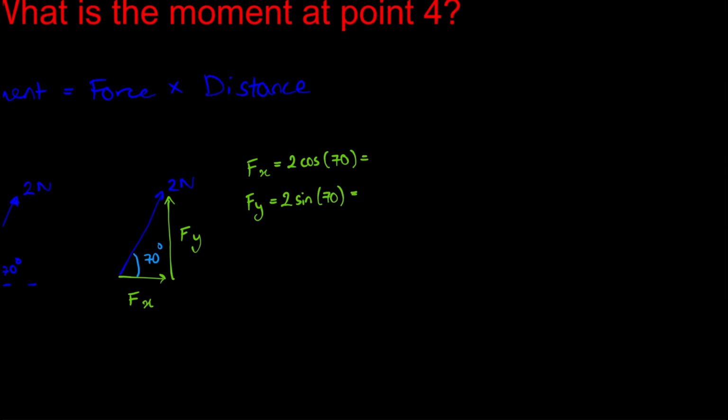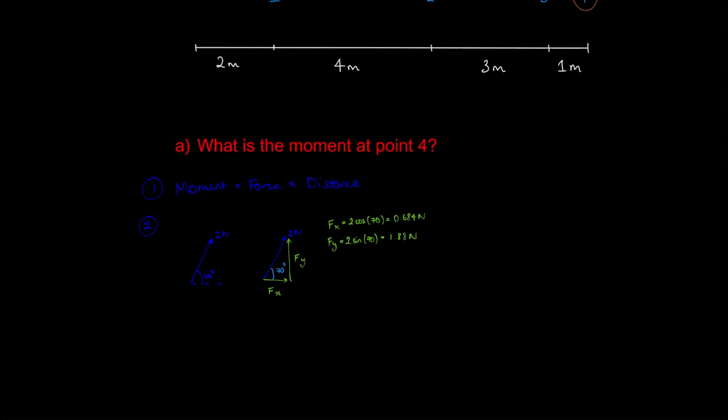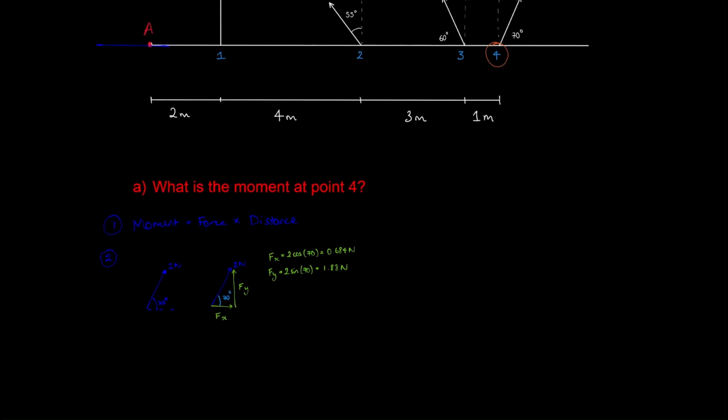That force is going upwards, and the x force is going towards the right. So our x force, 2 cos 70, is roughly 0.684 newtons. And our y force, 2 sine 70, is roughly 1.88 newtons. Right, so we've resolved the forces for the force at point 4.